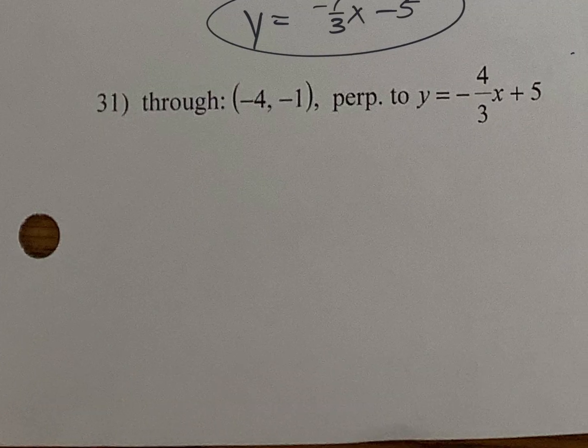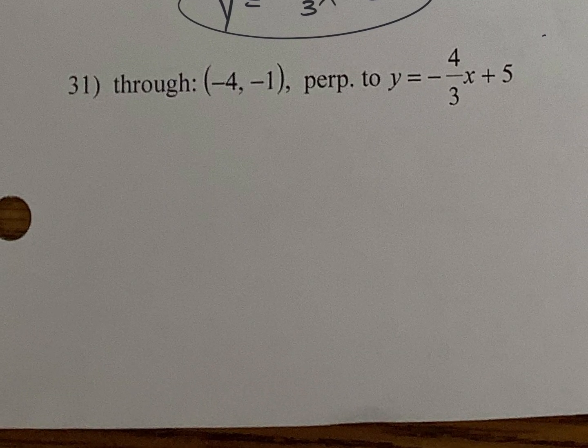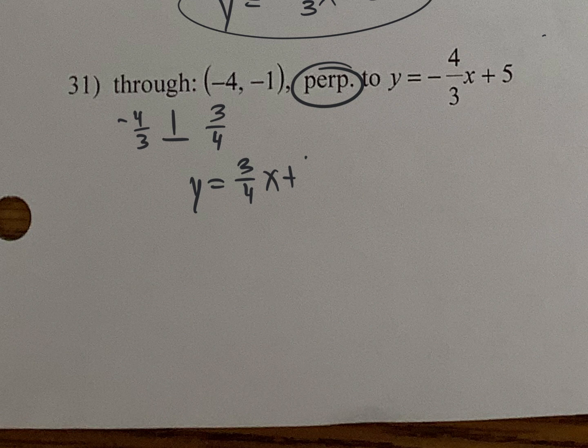Number 31. So our slope is -4/3. We want the perpendicular slope, so that's +3/4. Y equals 3/4 x plus b. All right, so we plug in -1 for y and -4 for x. -1 equals 3/4 times -4/1.